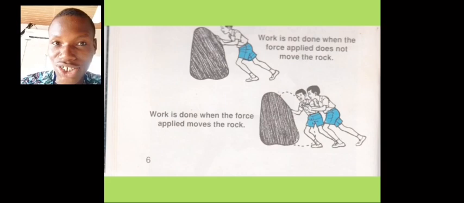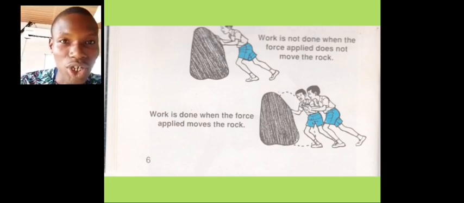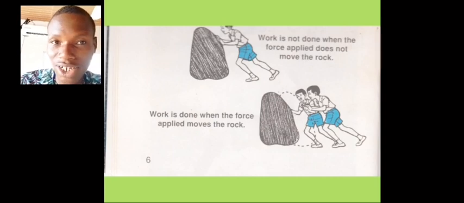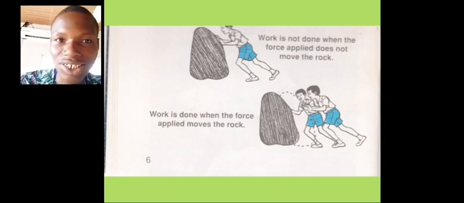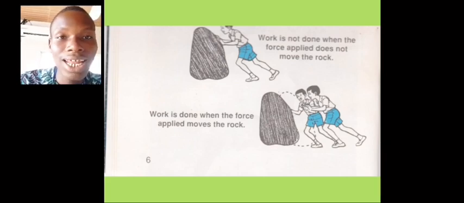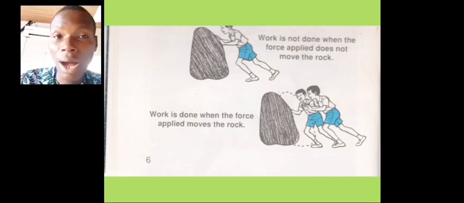You can have energy, you can use your energy to talk from morning till evening, and no work has been done. So it's not enough to have energy. You must what? Apply it for you to say work has been done by you.